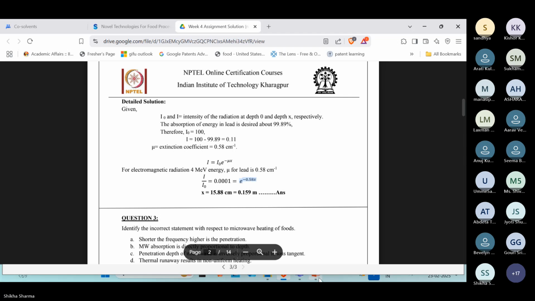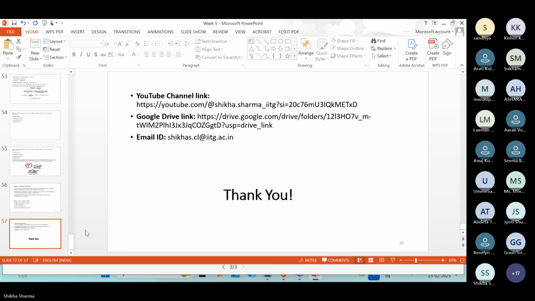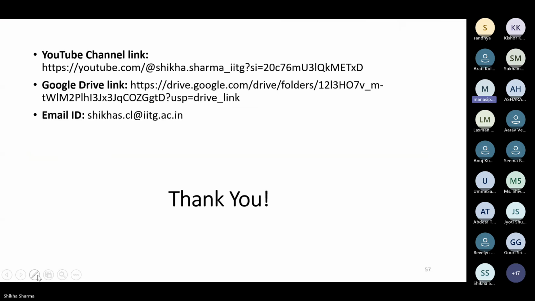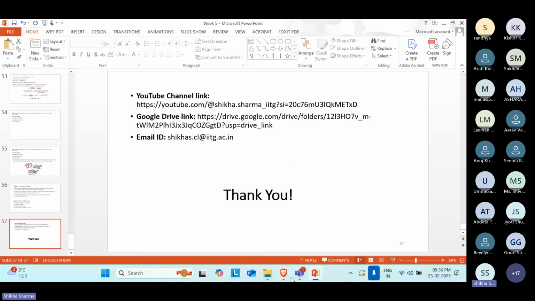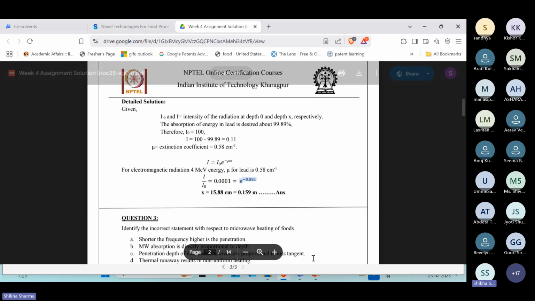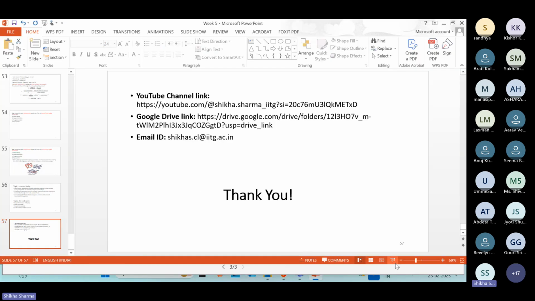Okay. Let's see. 6.81 upon 0.58. We had ln 0.0011 equals minus 0.58x.